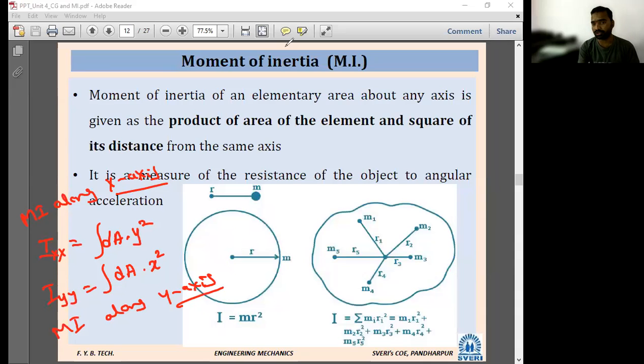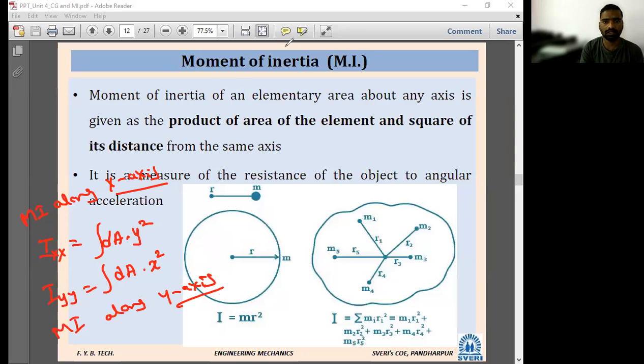So this is also important. What is the moment of inertia along x-axis? Ix is equal to integration of dA into y square. Moment of inertia about y-axis is equal to integration of dA into x square. Is it clear, everyone?